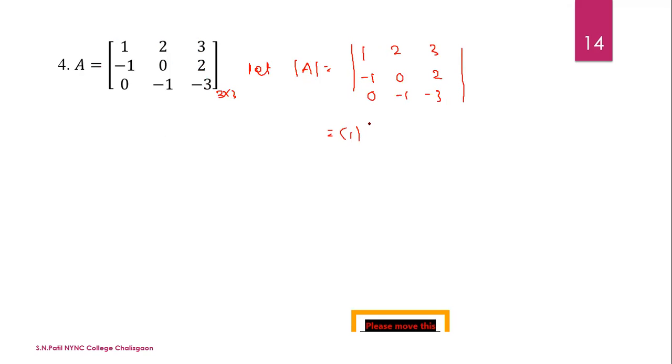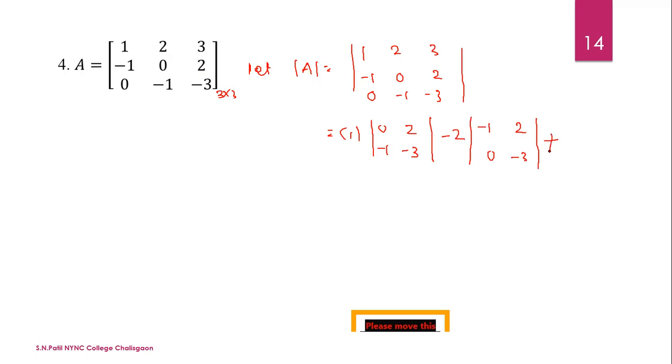Minor of 1 is obtained by deleting row and column, that is 0, 2, minus 1, minus 3. Now minus 2, keep the plus minus sign alternating in this way, 2. Now calculate the minor of 2, deleting row and column. The remaining terms are minus 1, 2, 0, minus 3.